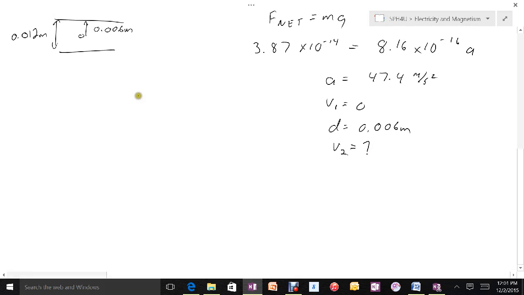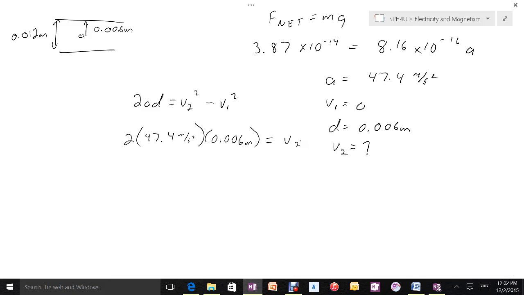Because the acceleration is constant, we can use our 5 equations of motion. I'm getting a V2 here of 0.75 meters per second.